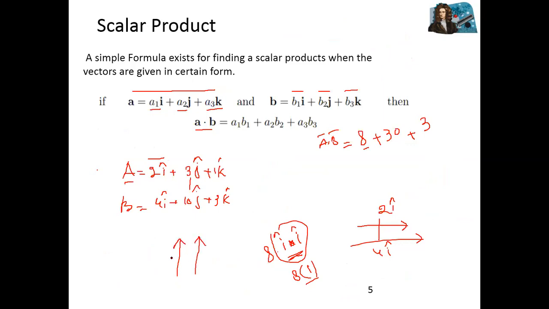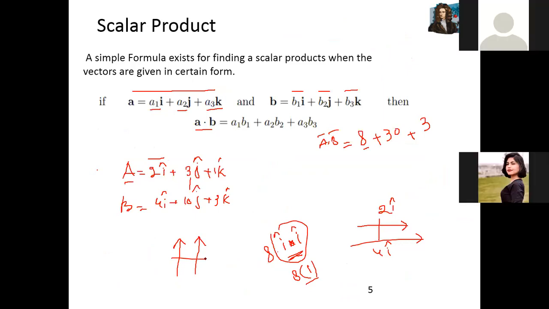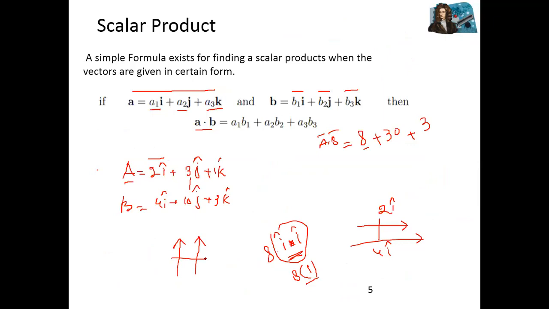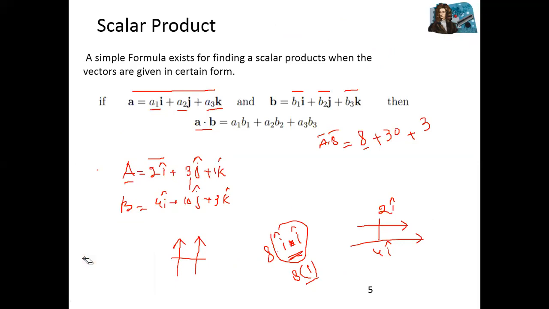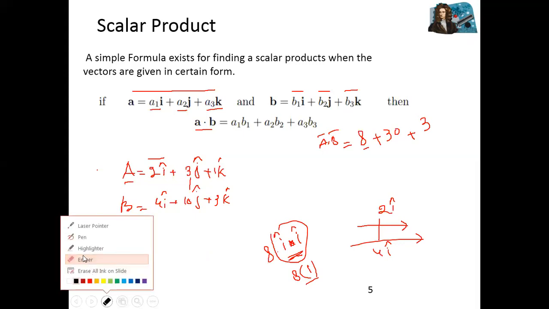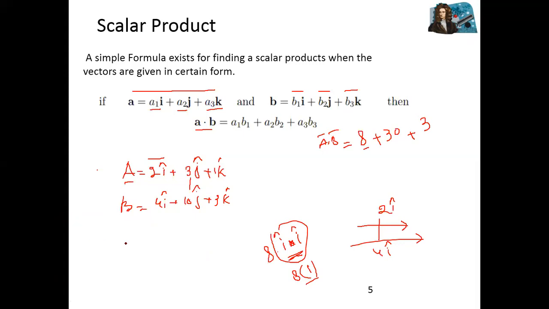Again, someone asks: Professor, i times i should be i, why 1? Listen, wait. What is i? i is a unit vector.